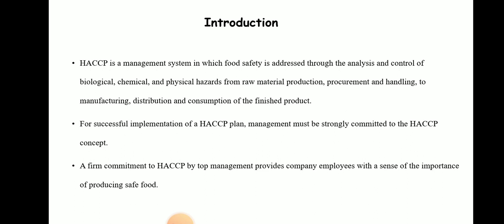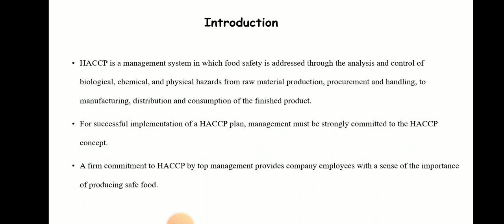HACCP is a science-based and systematic system which identifies the specific hazards in the various manufacturing steps as well as throughout the production of food, and then it provides the measures for controlling them to ensure the safety of the food. This system focuses more on prevention rather than relying on end product testing, which we see in quality control.